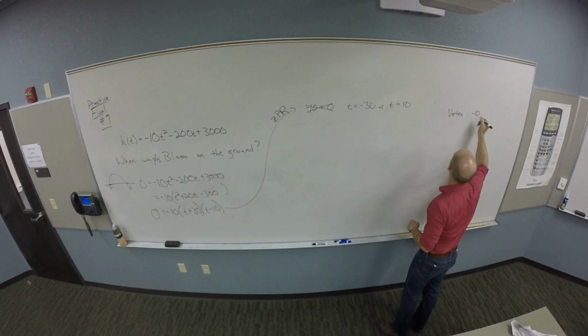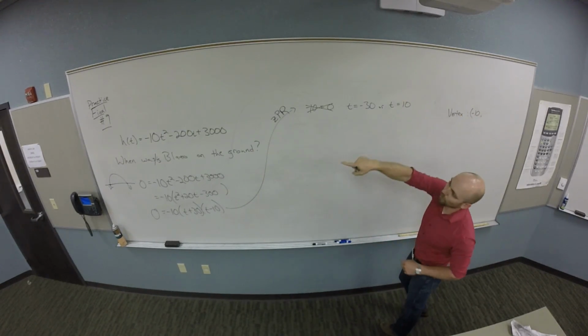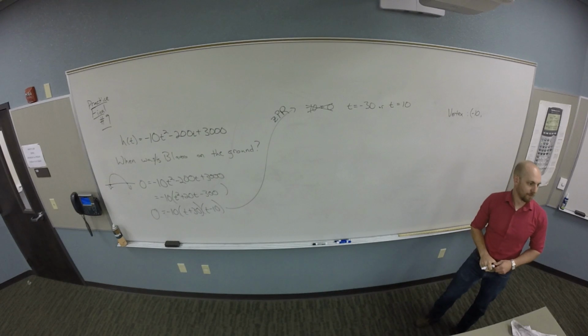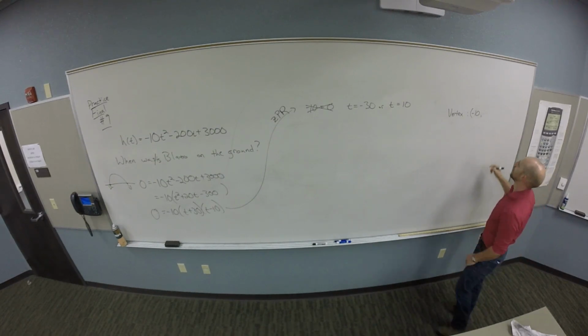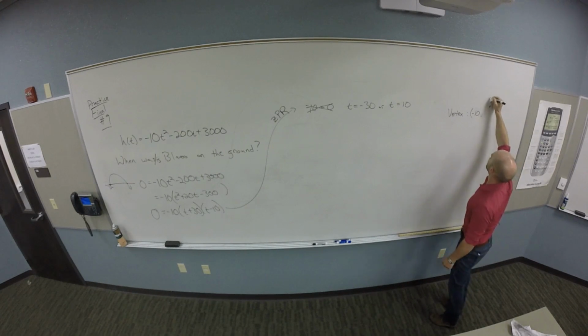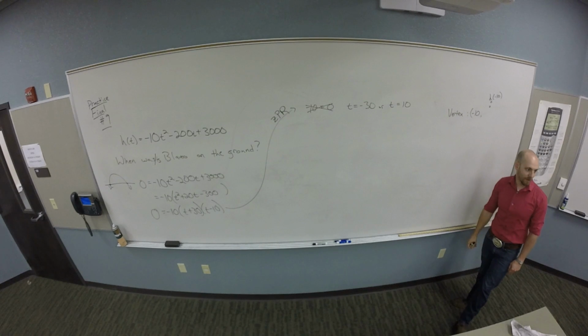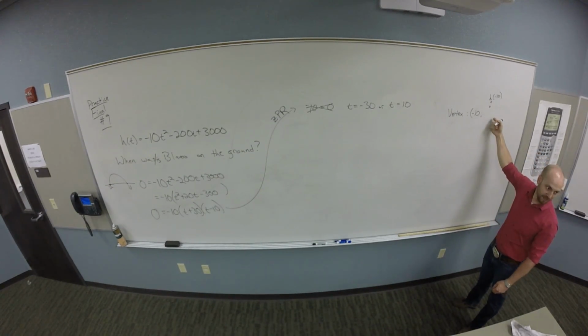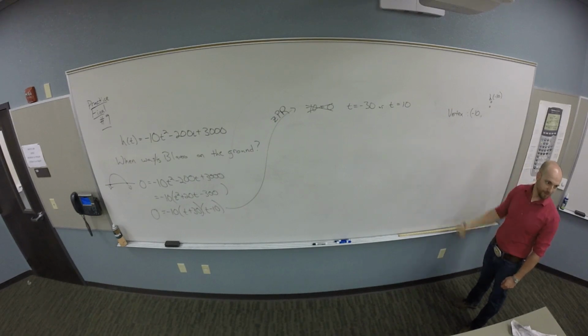That's the x. We need the y. To get the y, what do you do? Plug that thing back in. So you get h of negative 10. Remember, points on a graph come in x, f of x pairs, or in this case, t, h of t pairs.